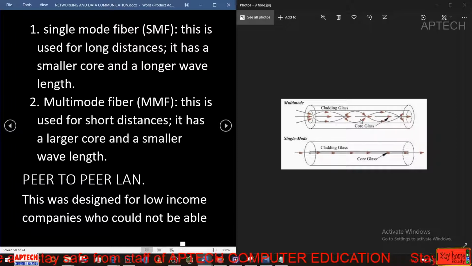For data to transfer in the fiber optic cables, it has to travel through light. If the light is moving back and forth in different directions, it will fail to reach its destination. So basically, this protects the light from getting out.